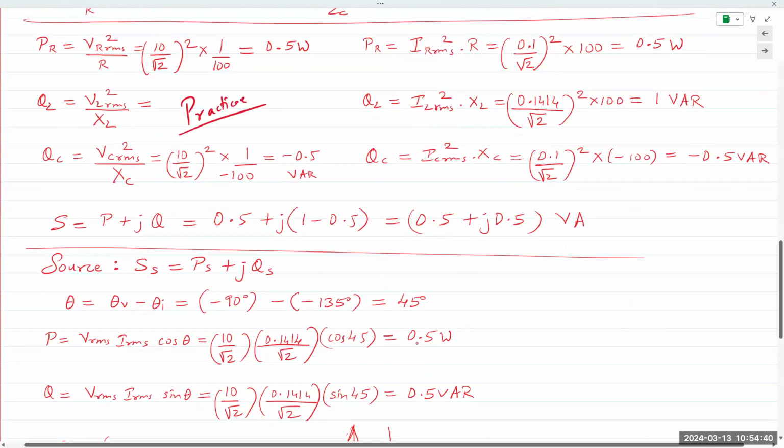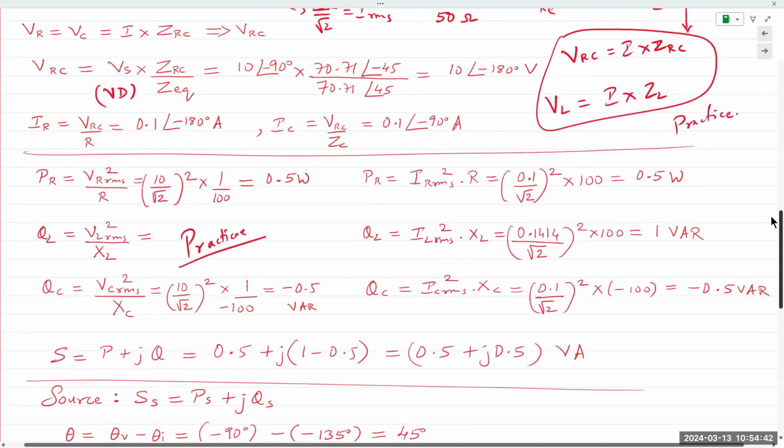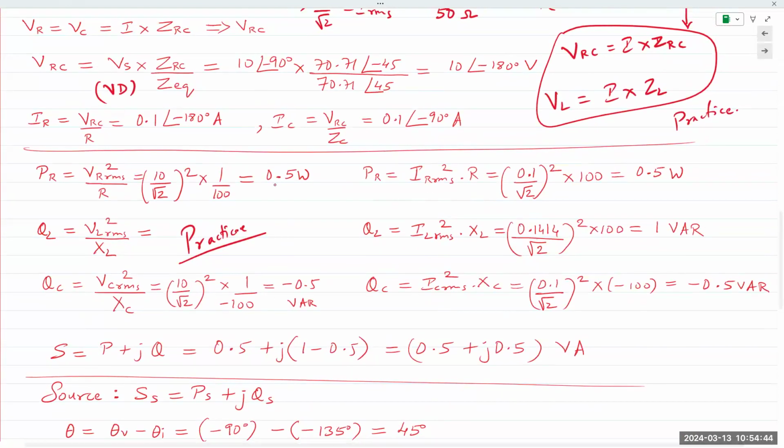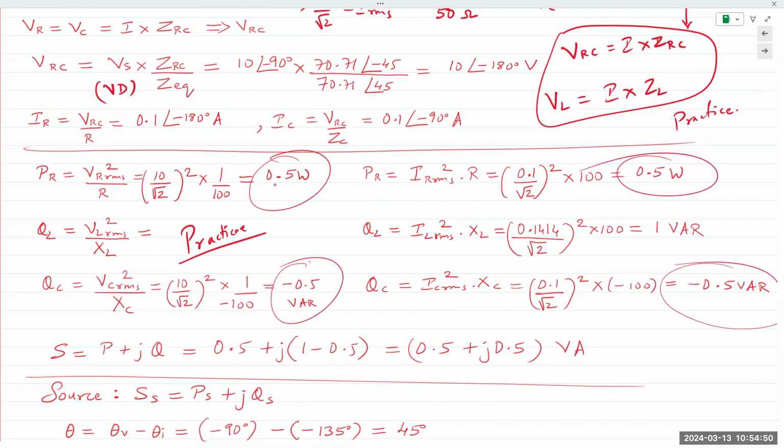And then you can see 0.5 watts, 0.5 watts, minus 0.5 VAR, minus 0.5 VAR. You do this calculation, you should still arrive at 1 VAR, which is what I have on the right. So again, on the left, I used voltage for the components. On the right, I used current for the components. Two different approaches with the exact same answer.